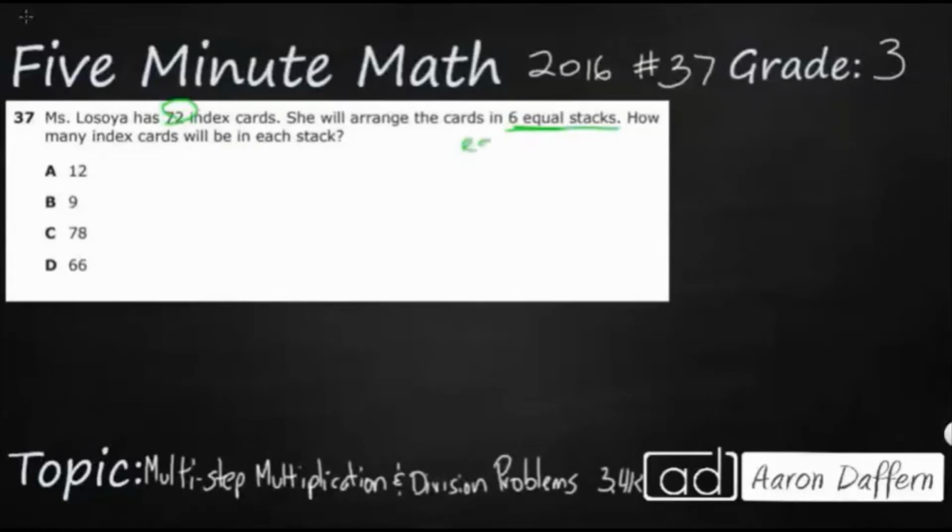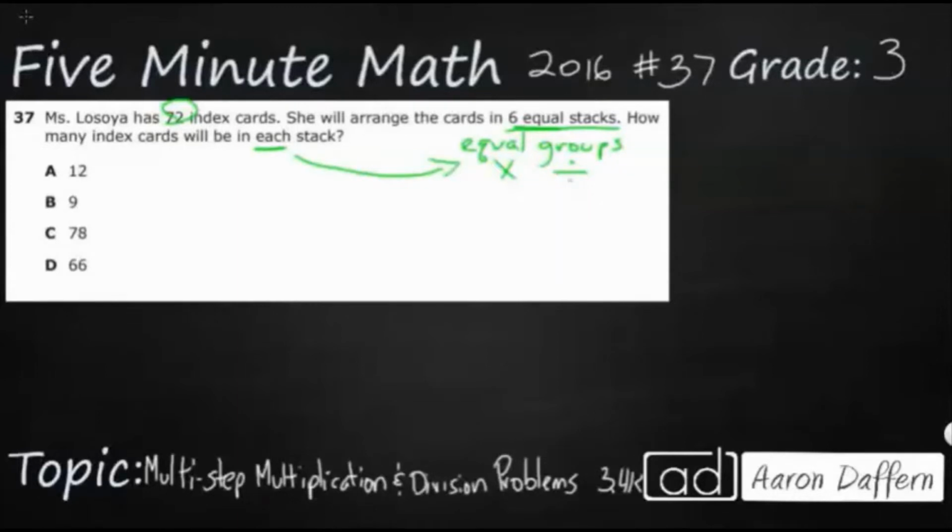Whenever we're looking at equal groups or equal stacks, that means we are going to use either multiplication or division, because multiplication and division only work when you're dealing with the same size groups or equal groups. So we see equal groups. Also, each typically gives us a clue that we're looking at either multiplication or division.